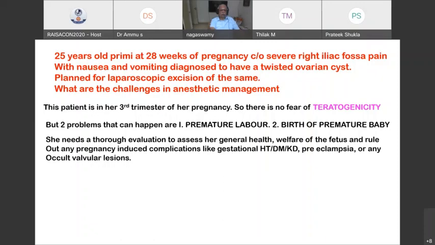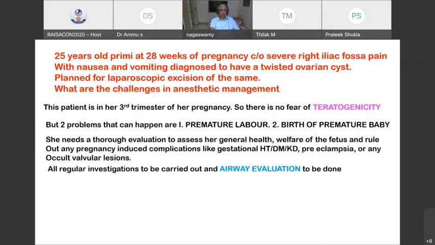So make a thorough preoperative evaluation of the patient for her overall well-being and associated complications. So all regular investigations are to be carried out, and airway evaluation is to be done because in a pregnant patient we always expect some amount of airway difficulty. So make a thorough airway evaluation.